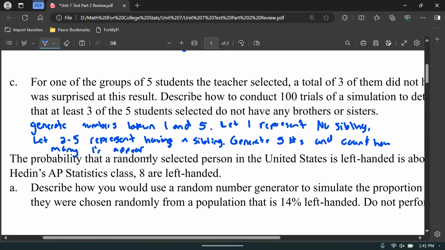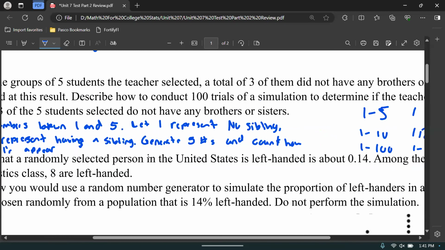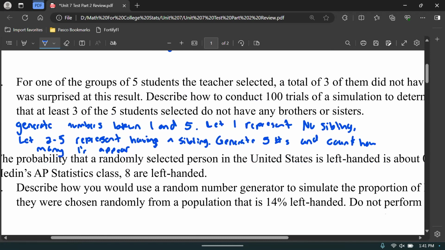Or if you were to use 1 through 100, you could say generate numbers between 1 and 100. Let 1 through 20 represent no sibling. Let 21 through 100 represent having a sibling. Generate 5 numbers and count how many 1 through 20 appear. See, it's all the same thing. As long as the numbers represent a 20% chance, then you're good.